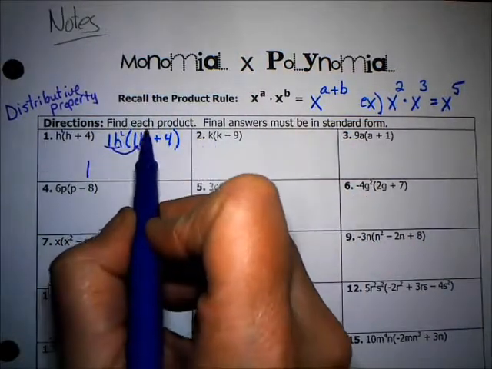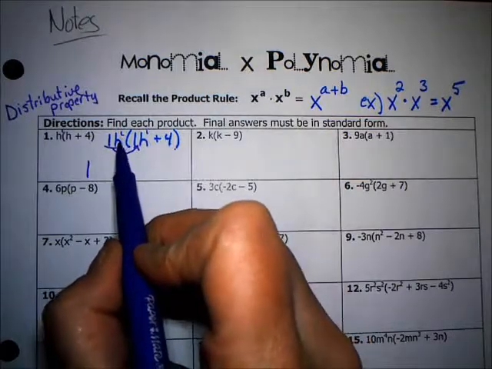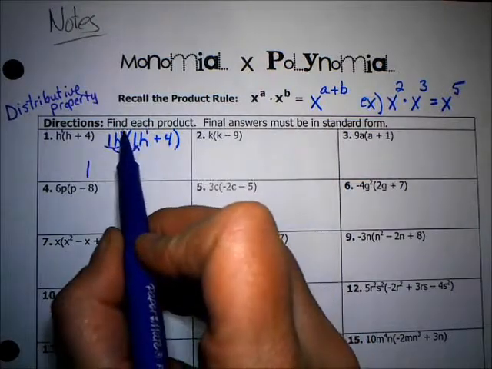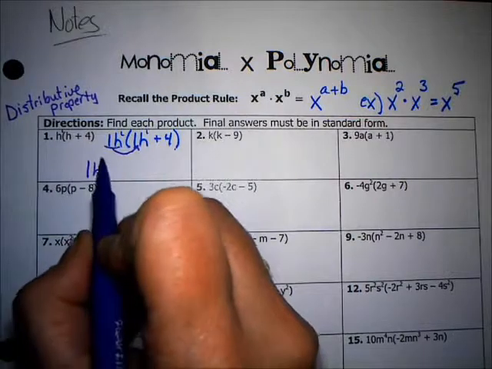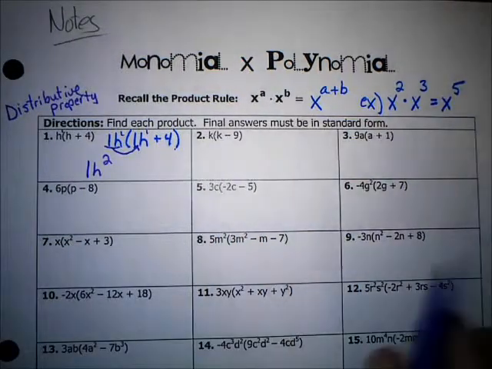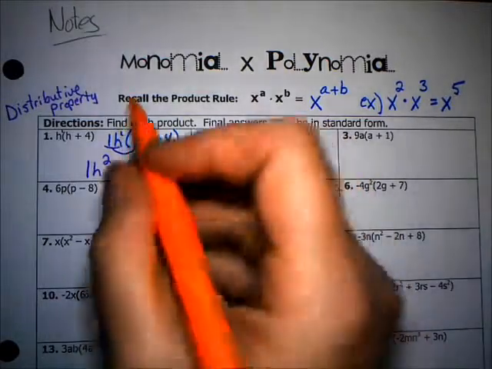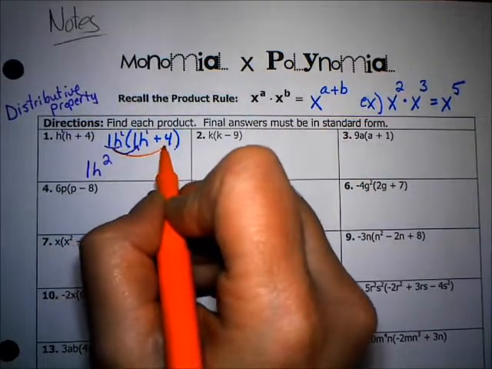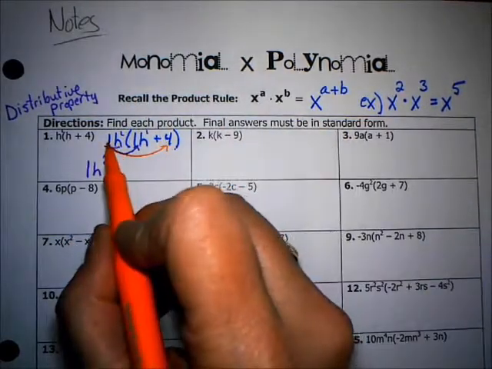And then I have to multiply the next term, 1h times the 4. Well, the 1 times 4 is 4, and then here's an h to the 1, and there's not an h, so I just bring the h over as part of your answer, and then circle it. That's it.